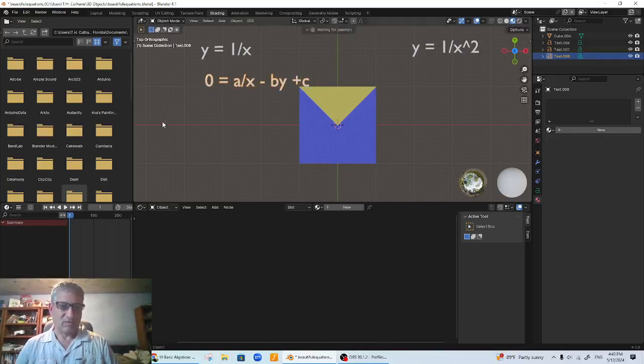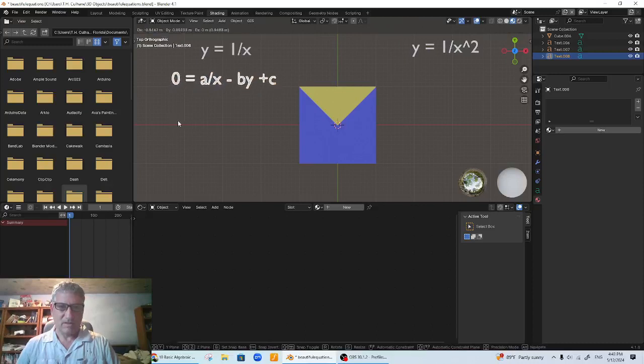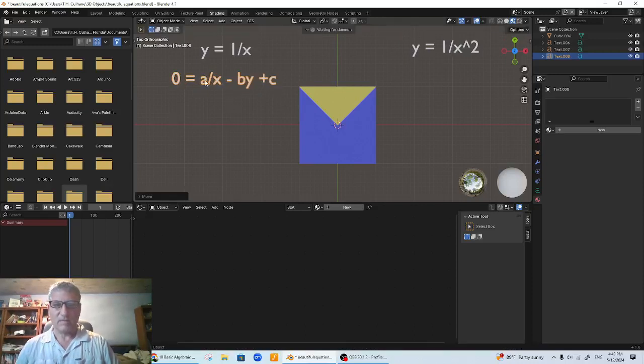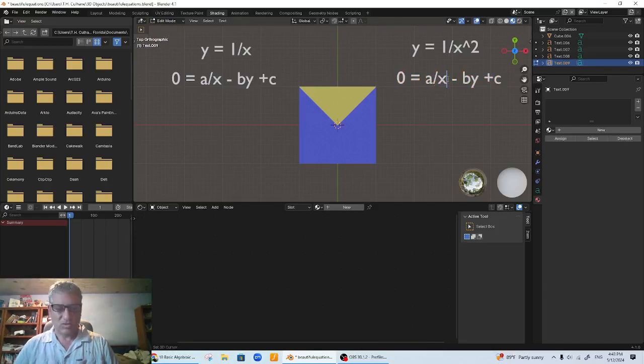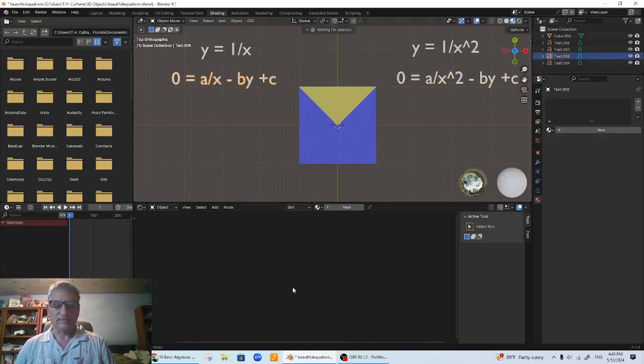That is what we're going to graph. And the same thing here, but of course I don't have to reinvent the wheel. I can take this over here and say that this, when I edit it, is x squared minus by plus c. Let us start with this one here.